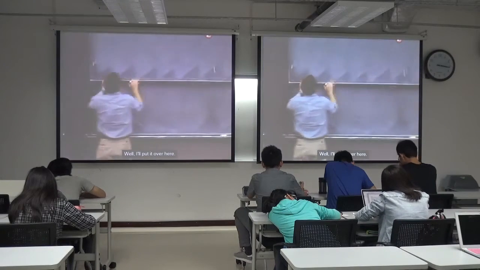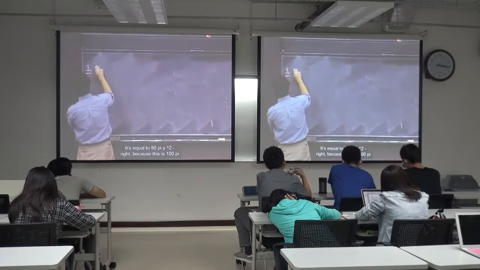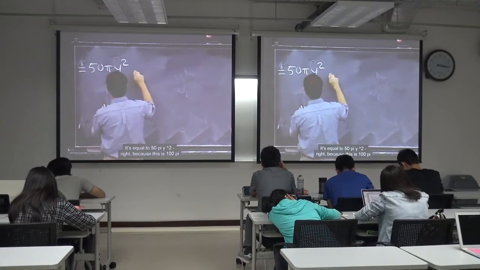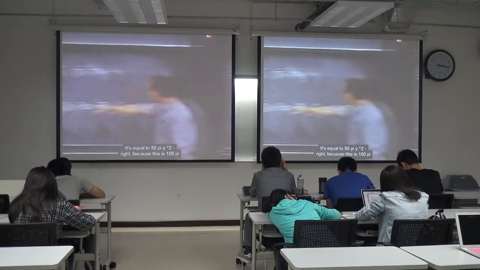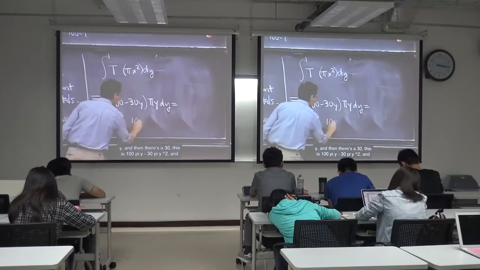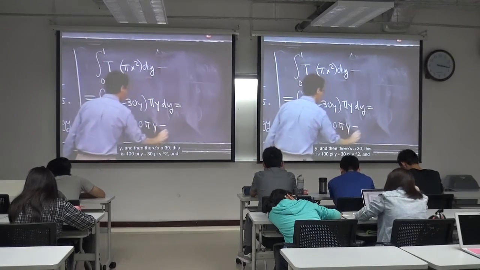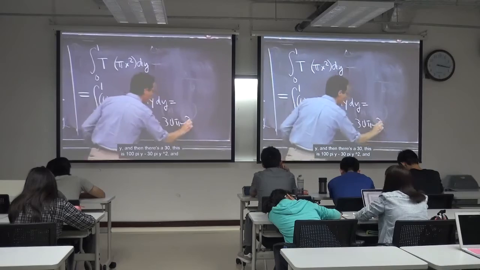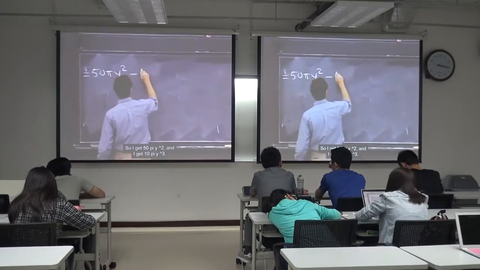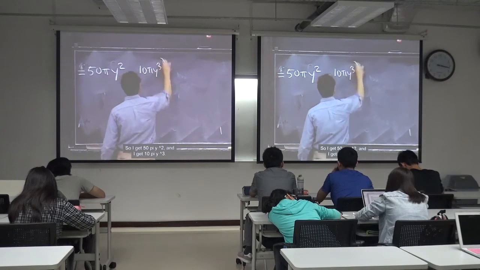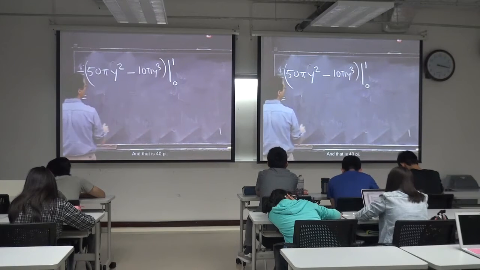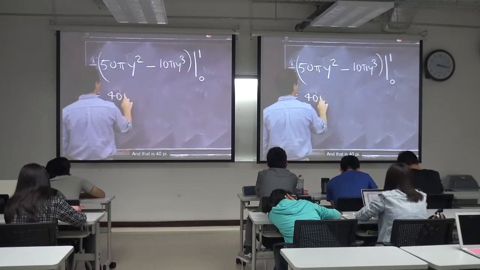This is 100 pi y minus 30 pi y squared, and I have to take the antiderivative of that. So I get 50 pi y squared minus 10 pi y cubed, evaluated at 0 and 1, and that is 40 pi.